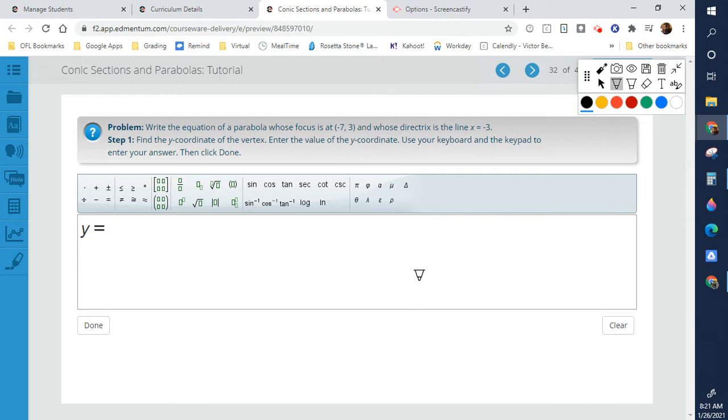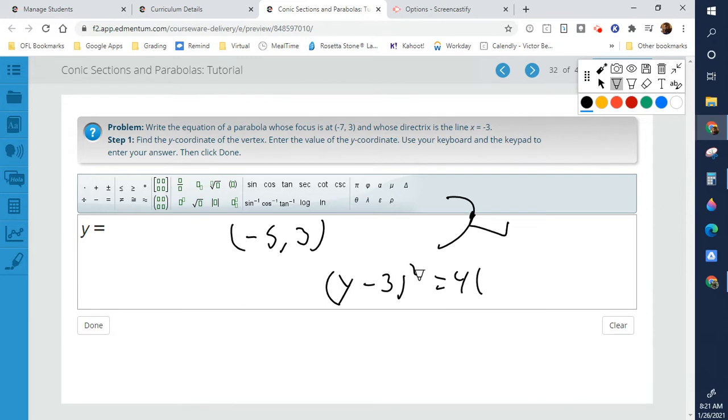So, as I mentioned before, 5, 3 is our vertex. So we're going to do y minus 3 quantity squared equals 4. We already said that this did change it a little bit. The distance from our vertex to our directrix is a little different now.